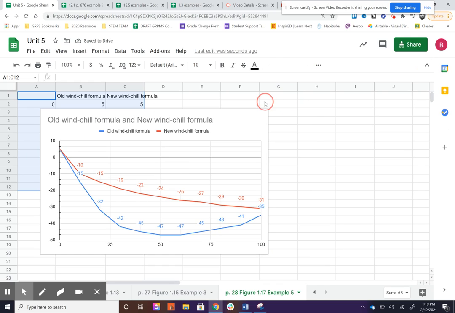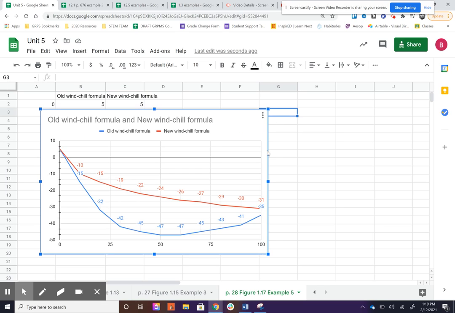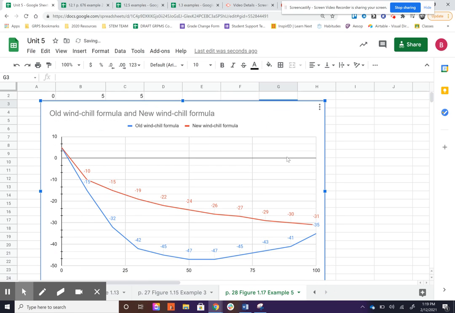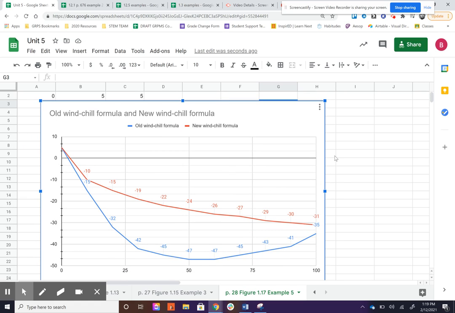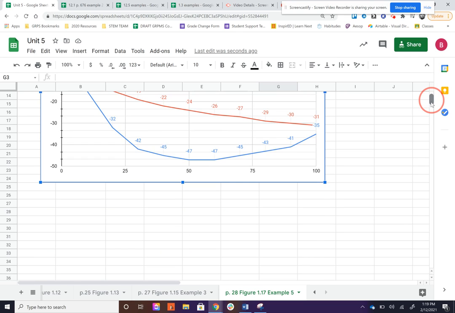So let's close this for a second and let's talk about these questions. If the wind speed is 90 miles per hour, what is the approximate new wind chill factor? So I'm going to make this a little bit bigger. And what I would like to do is I'm going to take a snip of this and we're going to draw on it a little bit. Whoa.